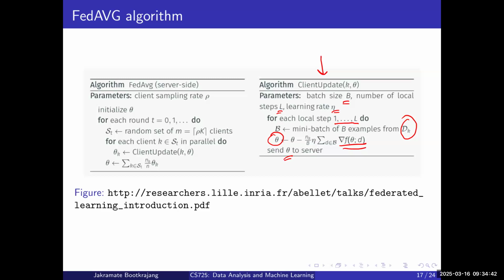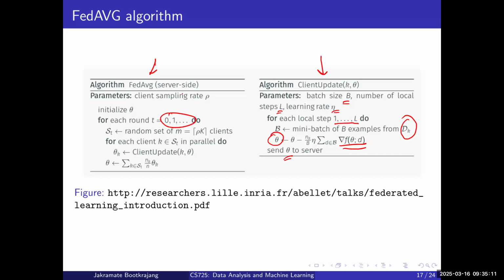So once each client finishes the update, they will send the weight to the central server. So now is the time for the central server to combine them. So we look at the server side algorithm. For the server side algorithm, they would also have a loop.